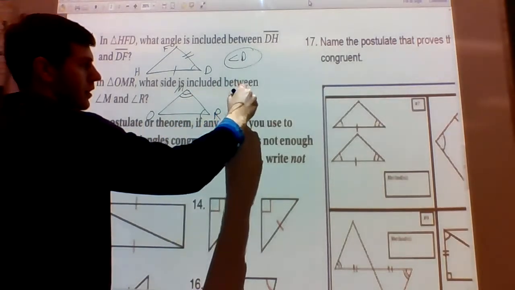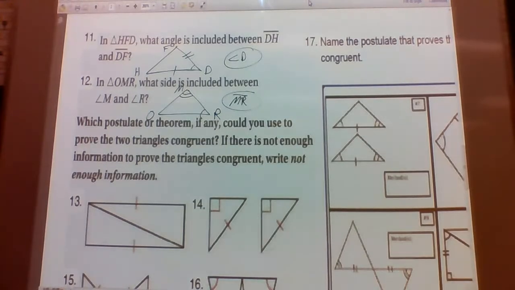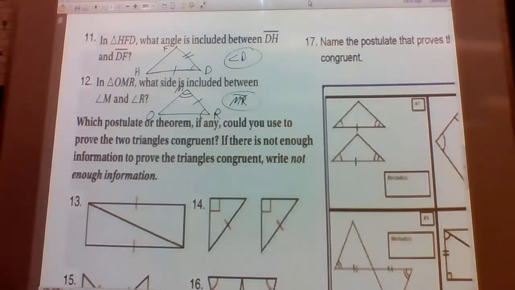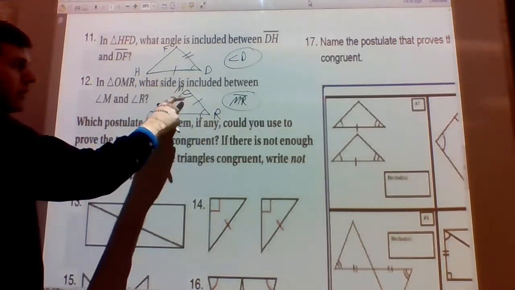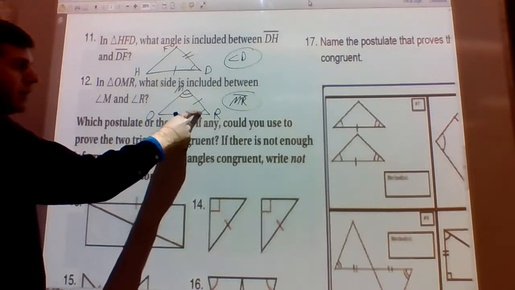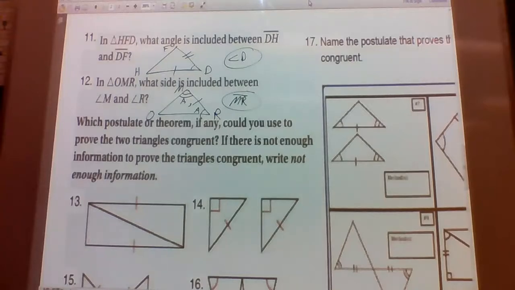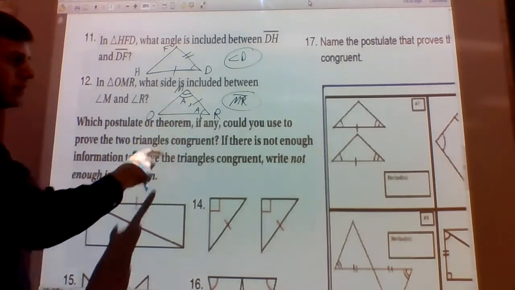MR. Right here, MR. The postulate that uses the included side is the angle side angle postulate. Angle, side, angle. Angle side angle uses the included side. Angle angle side uses one of the non-included sides.